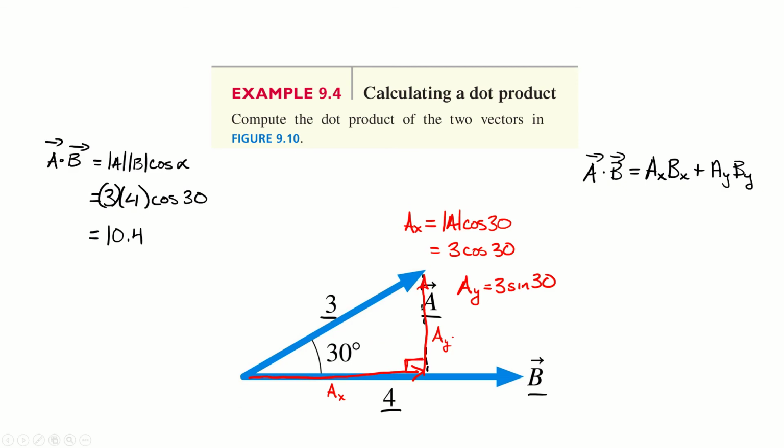Hopefully we're very comfortable with breaking things into components by now. What about B? Well, B is entirely in our x direction, so BY is 0 and BX is just 4, the full vector.